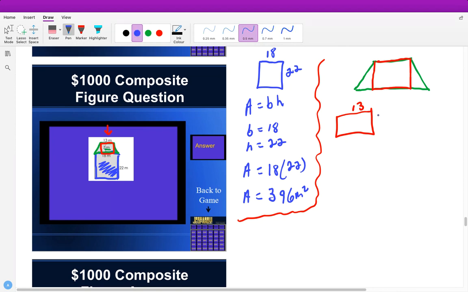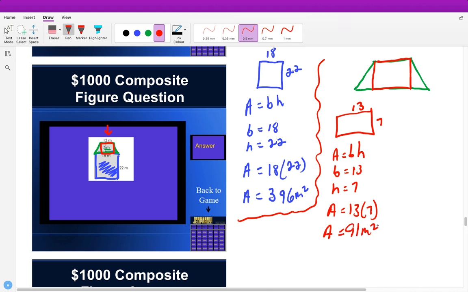So I know that this is equal to 7. Area is equal to base times height. My base is equal to 13, and my height is equal to 7. So area is equal to 13 times 7, and that gives me 91 meters squared. All right, now I create these two congruent, or equal, triangles off to the side.